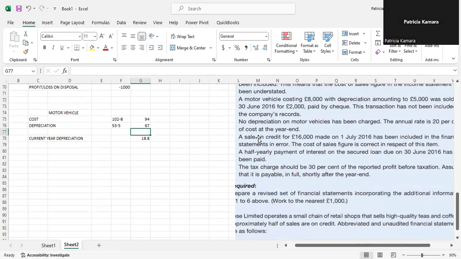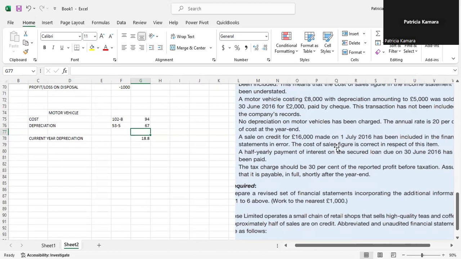So a sale on credit for 16,000 made on 1st July 2016 has been included in the financial statement in error. The cost of sale figure is correct in respect of this item. So what they are saying is that our accounting period ends as at 30th June.